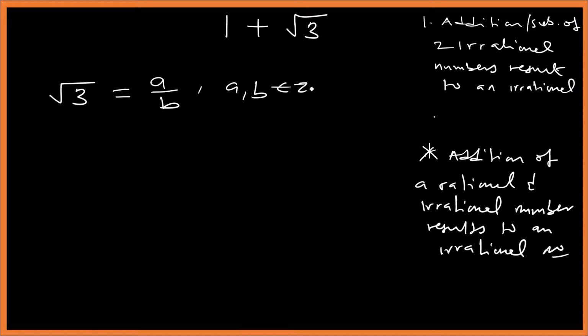So a and b are integers and b is not equal to 0. Then a and b are co-prime factors.